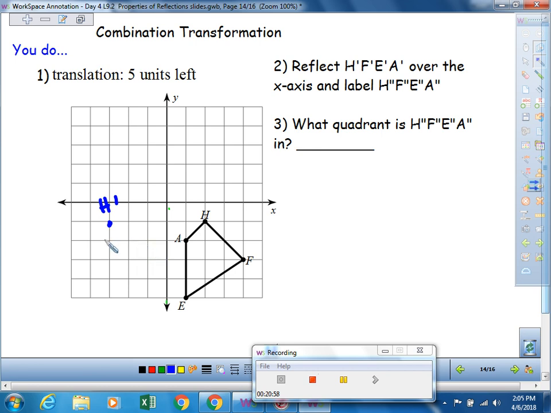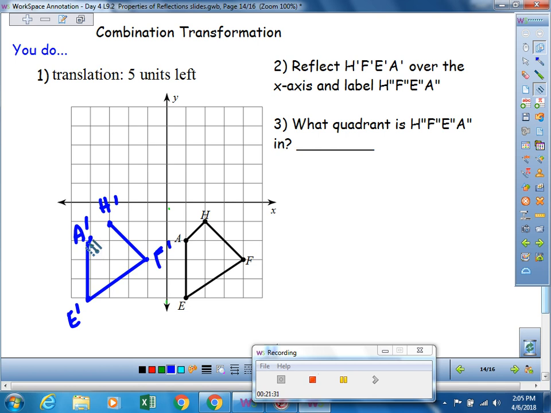A prime, E prime, F prime. Again, when you translate it, it should just be the same physical orientation.